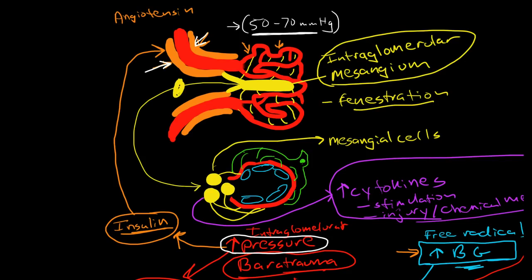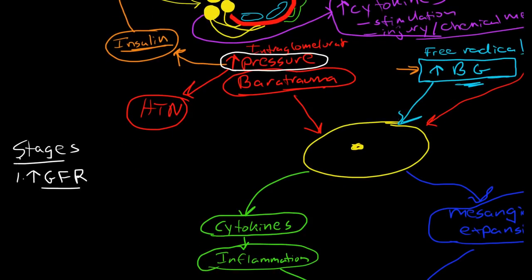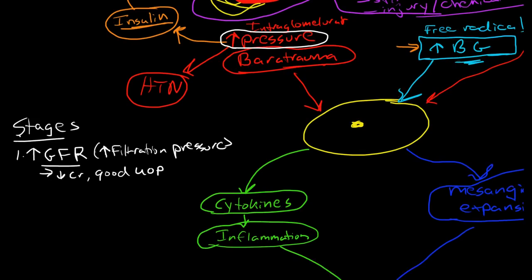And this increases the intraglomerular pressure, and that increases filtration pressure, right? So with an increased glomerular filtration rate, things actually look really good because we have a really low creatinine, we're making plenty of urine. However, this is due to the early stage of the disease. Okay, so that's related to increased pressure.